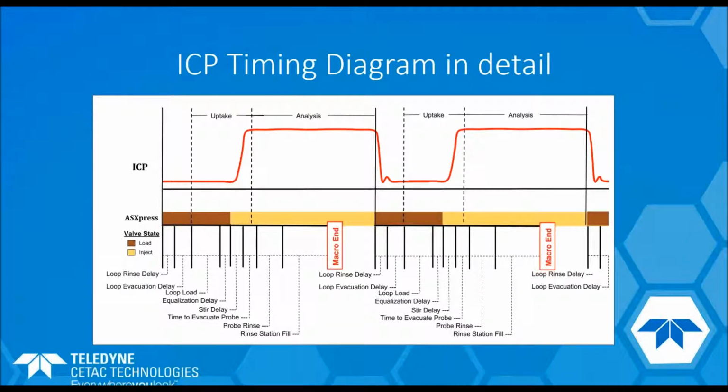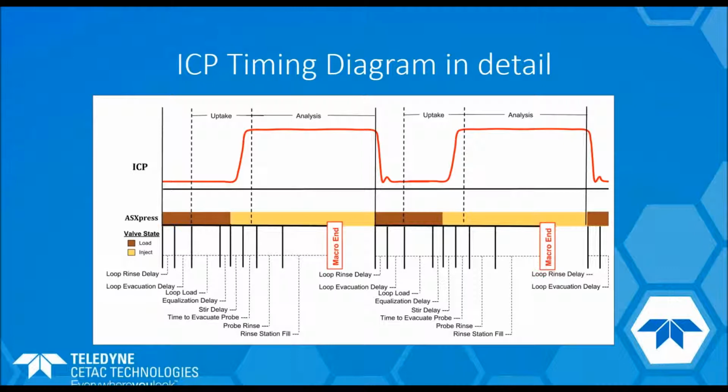This is a timing diagram, which I typically use for training customers to help them understand how the ASXpress works. Along the bottom, you've got a lot of specific details about steps within the ASXpress macro performance and how they interact with the ICP. But I want to highlight the top line here.